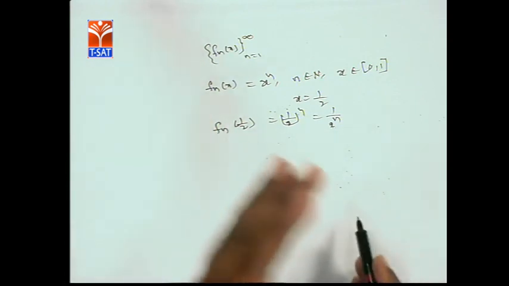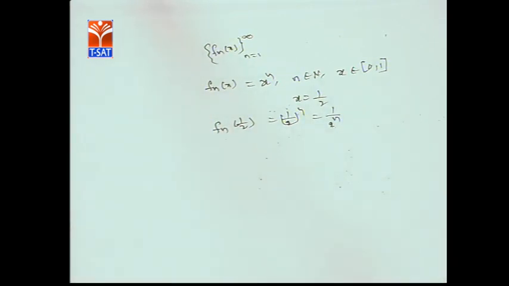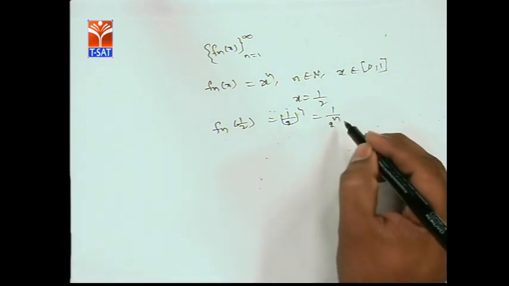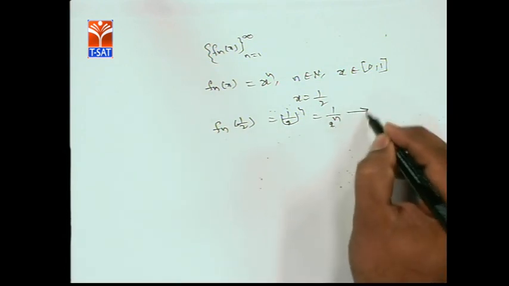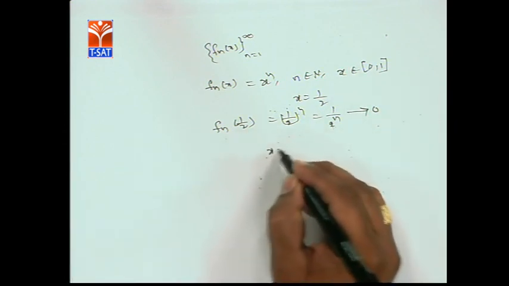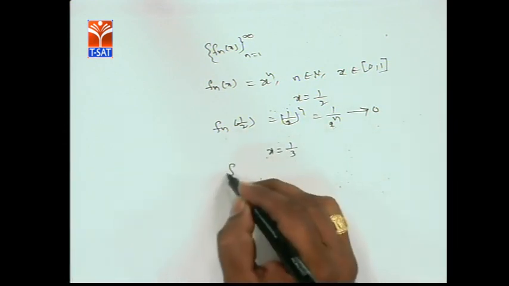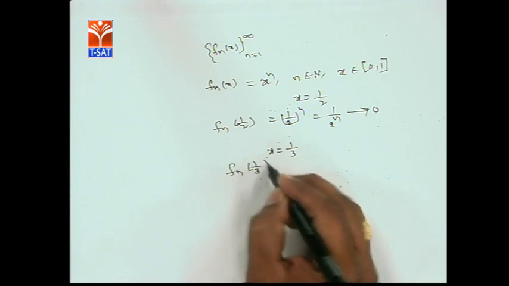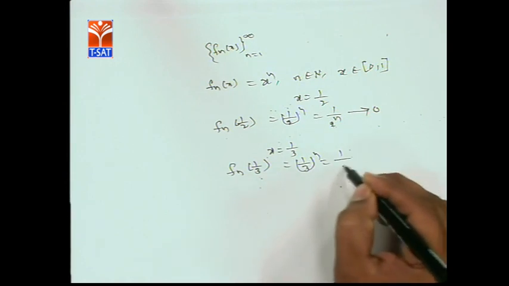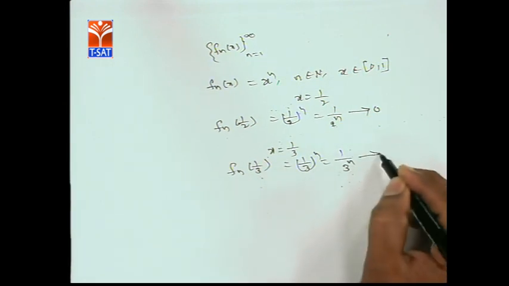Already in the last class we had discussed the sequence of real numbers. Now here 1 by 2 power n, this sequence converges to 0. If you take x equal to 1 by 3, then fn of 1 by 3 is 1 by 3 whole to the power of n, which is 1 by 3 power n, which also converges to 0.